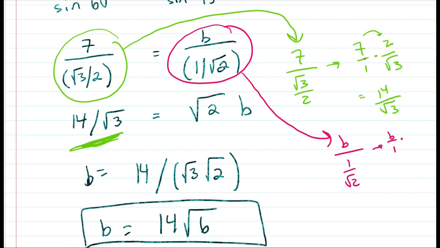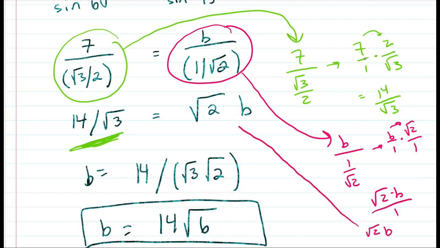Keep the first fraction, change to multiplication, and flip the second one. So it becomes the square root of 2 over 1. And you're multiplying straight across. Well, B times the square root of 2 is just the square root of 2 times B, or B times the square root of 2, whatever order you want to write it in, and that's over 1, which is just the square root of 2 B. And that's what we had there.